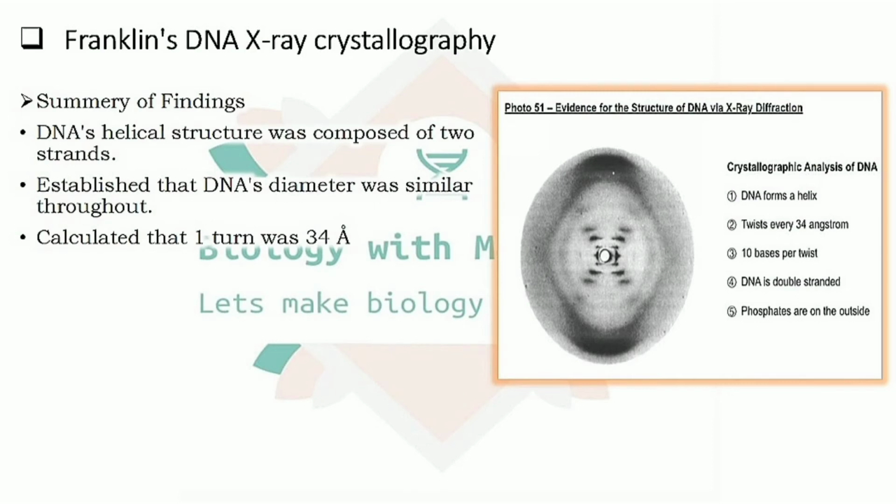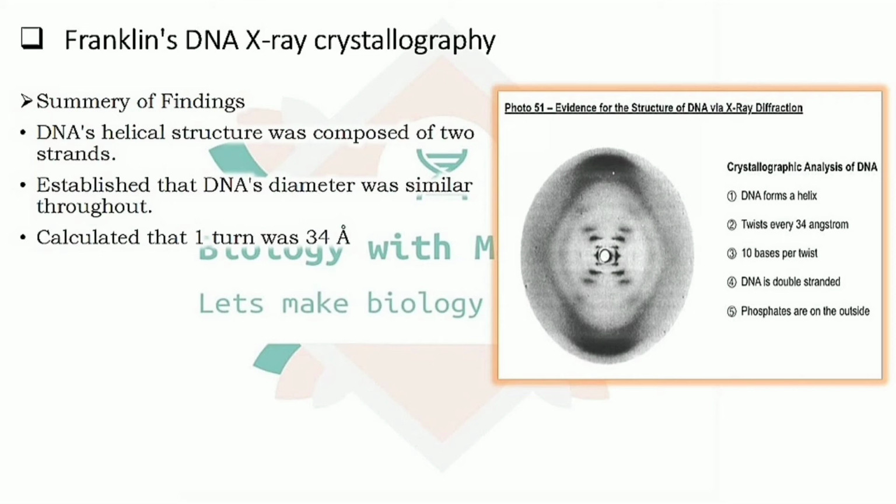In our next slide, we will be talking about Franklin's DNA X-ray crystallography. Rosalind Franklin played a big part in the discovery of the DNA structure, and with the help of her findings, we all know that Watson and Crick finally gave us the actual DNA model.